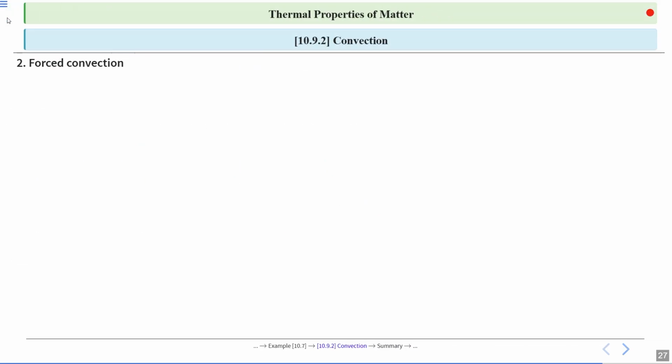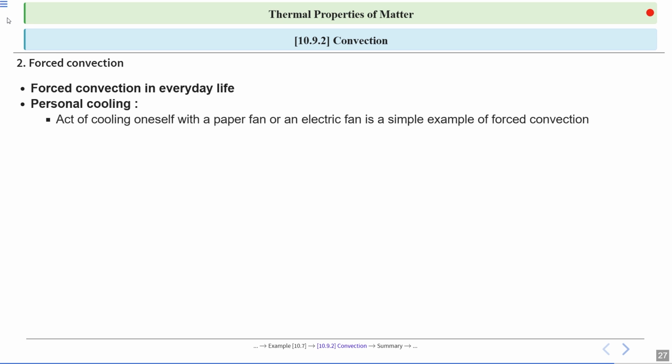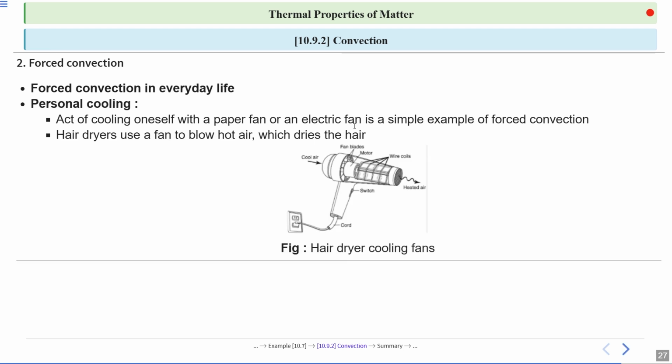Now, forced air convection in everyday life. Personal cooling: the act of cooling oneself with a paper fan or an electronic fan is a simple example of forced convection. Hair dryers use a fan to blow hot air, which dries the hair. These are convection examples in everyday life.